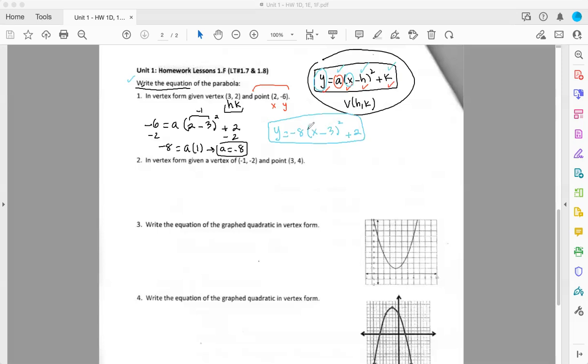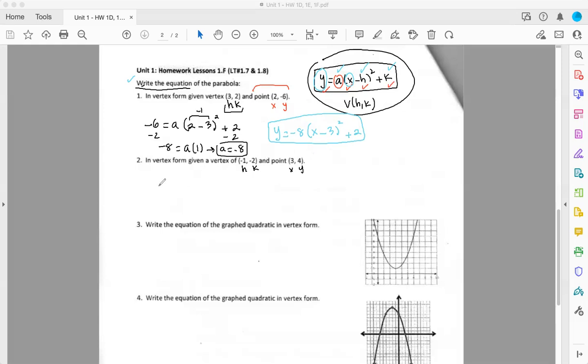Pretty simple. Similarly, we're going to do number 2 in vertex form. Write the equation of the parabola in vertex form, given the vertex, again the h and k, and then the point, which is technically an x value and a y value. You can call them x1, y1, okay?